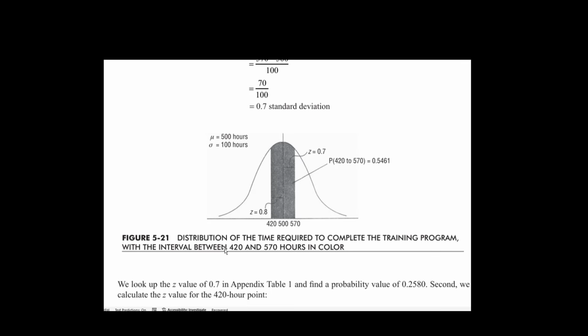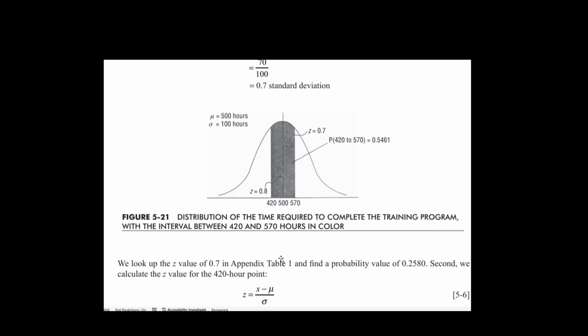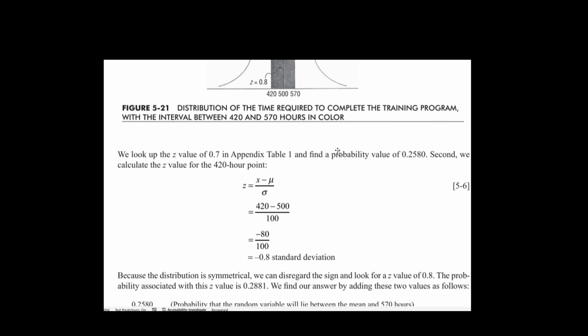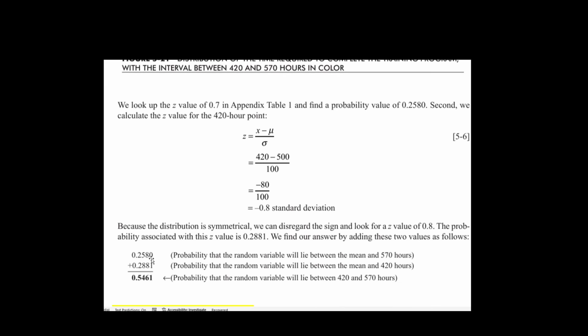So to find the area between z equal to 0 and z equal to minus 0.8, we can find from the table the area between 0 and plus 0.8, and that will be this area, because the area remains the same on both sides of the mean. So with this logic we get from the table the values for 0.7 and 0.8, which are 0.2580 and 0.2881.